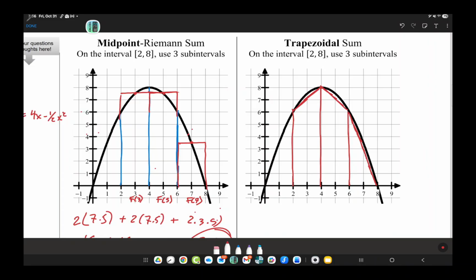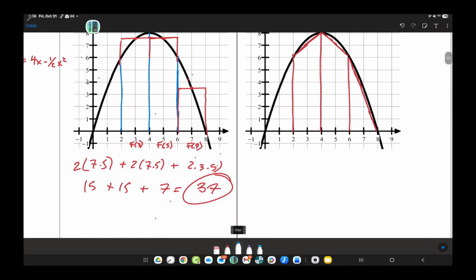Now, we kind of just talked about the area of a trapezoid. Area of a trapezoid is 1/2 the height times base 1 plus base 2. In this case, it is 1/2 the width times f of x1 plus f of x2.